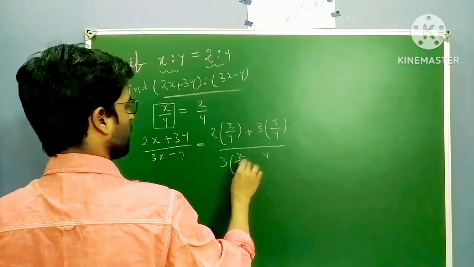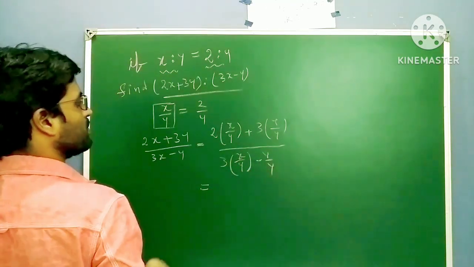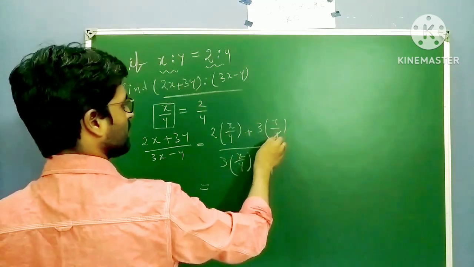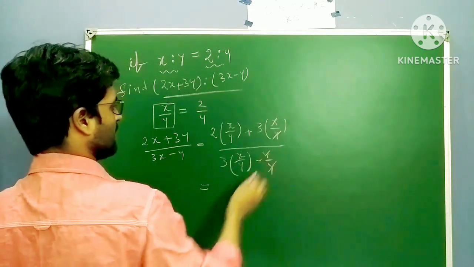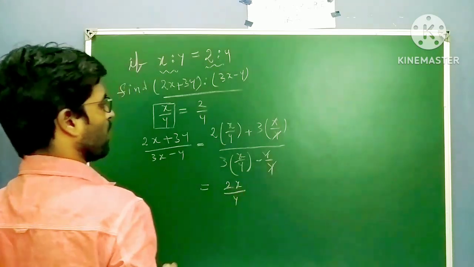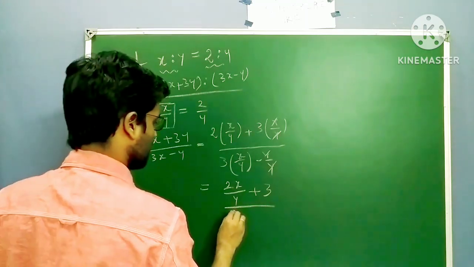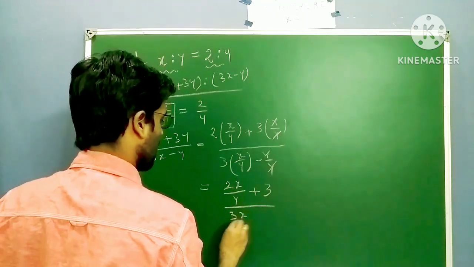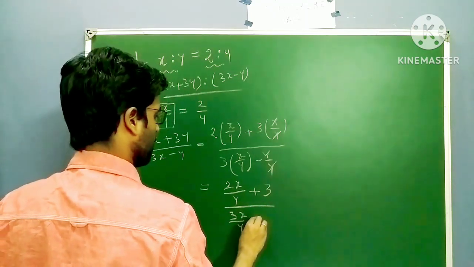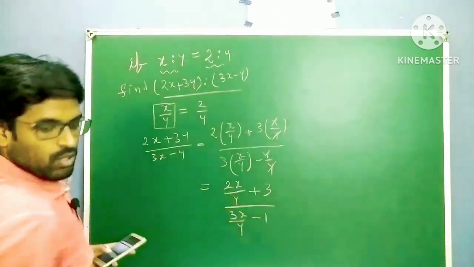If you observe, y gets cancelled, y gets cancelled. So 2x by y plus 3 by 3x upon y minus 1. This is the whole equation, right?